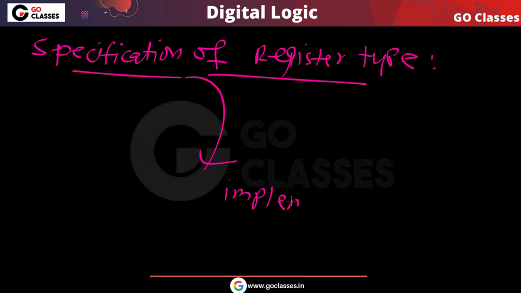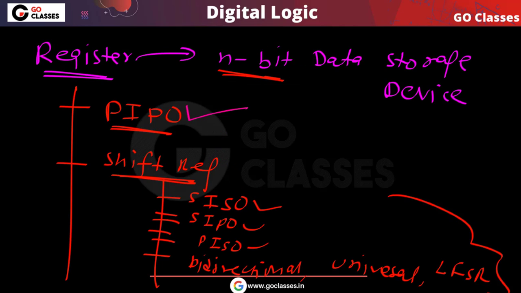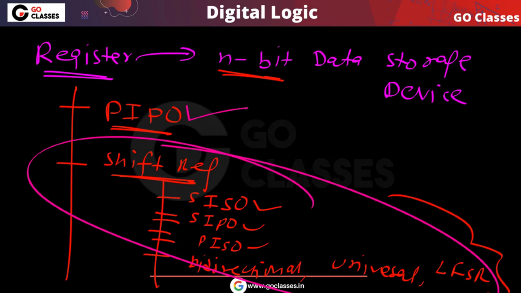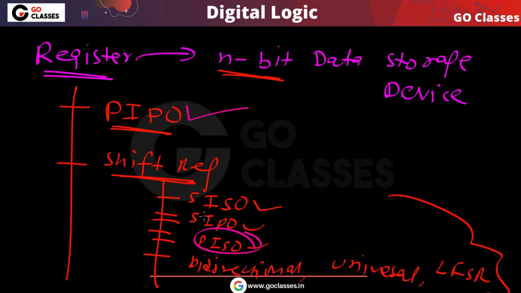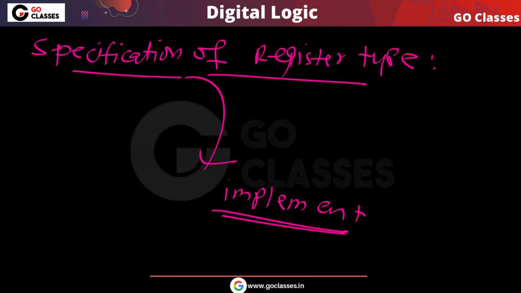Implementation they can ask; we have done this for each of them. For example, if they tell you to create parallel in parallel out, you can create it. If they tell you to create parallel in serial out, you can create it. If they tell you to create a universal shift register, you can create it.